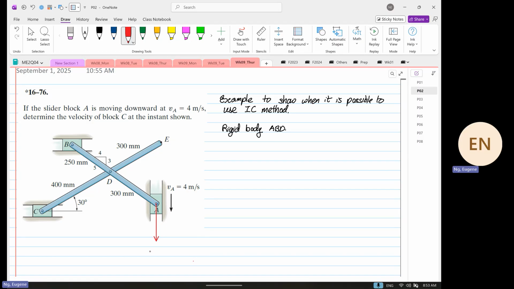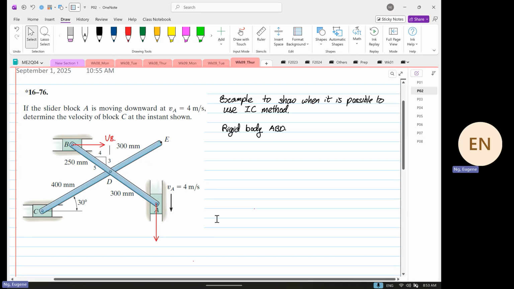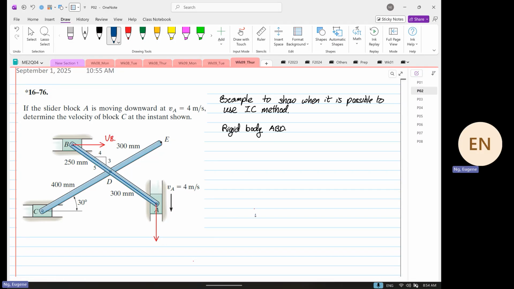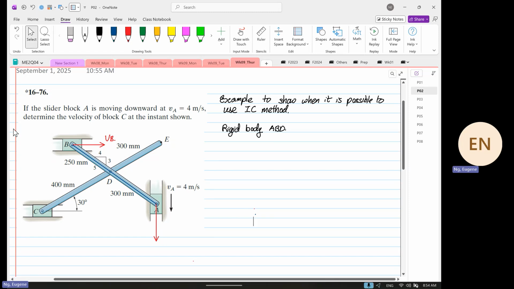And we know point B is going towards the right. We know this is VB. And then we are aware that this is joined by a rigid body between A and B. So at this moment, with these 3 points, I'm going to take it out.